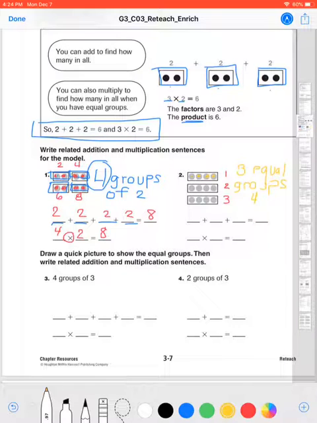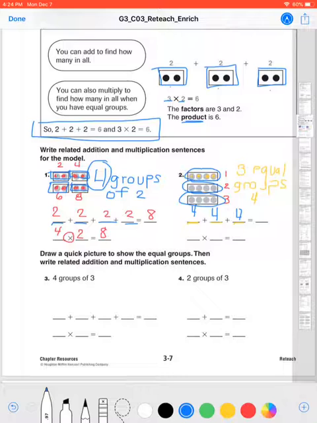All right? So when we have 3 equal groups, that tells us how many blanks we're going to have. And then we know that there's going to be a 4, that we need to add the number 4 together 3 times. Because it's like saying 4 plus 4 plus 4.